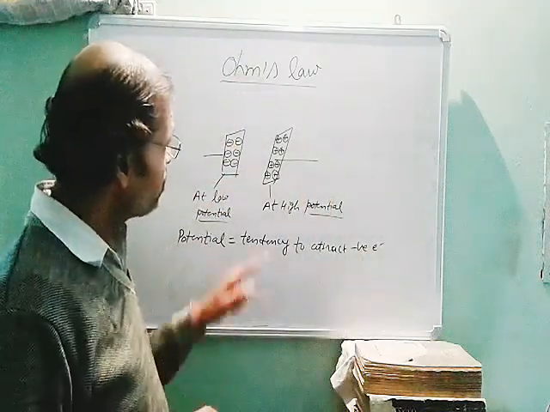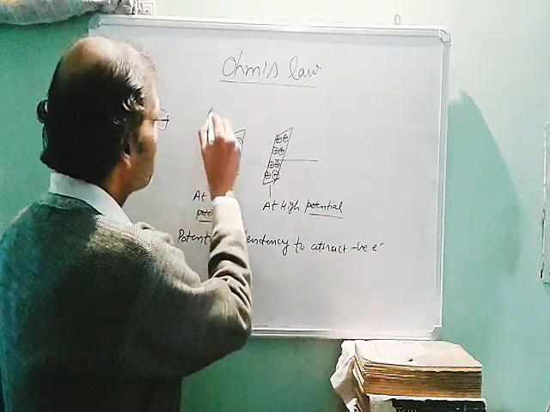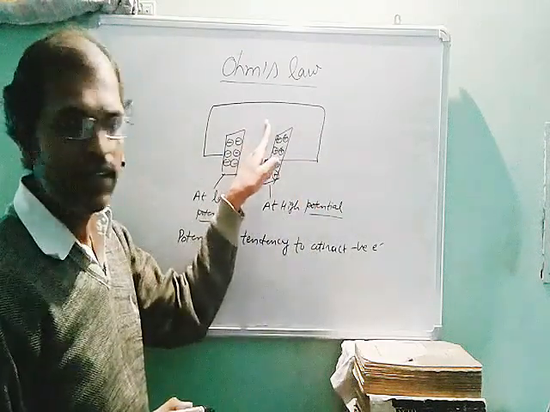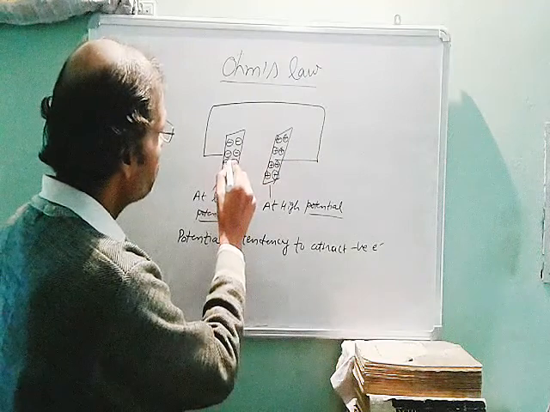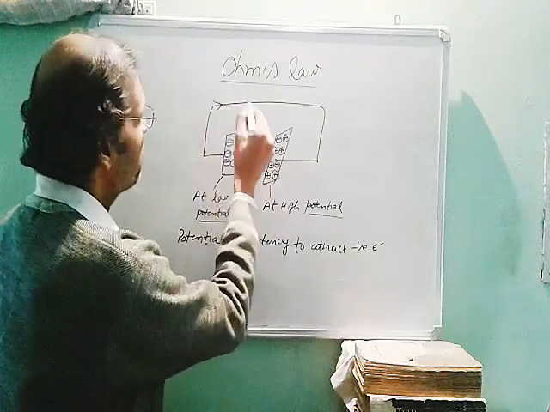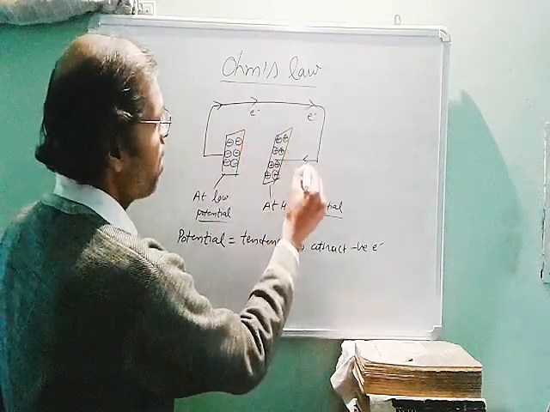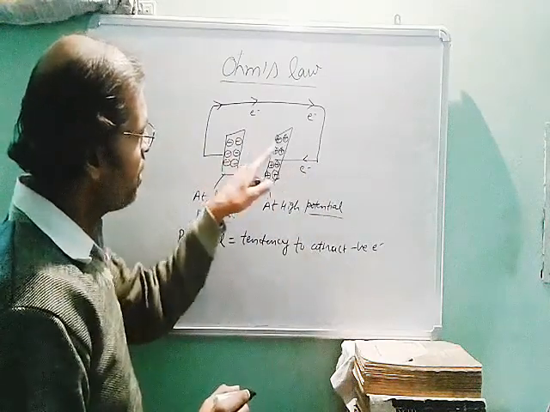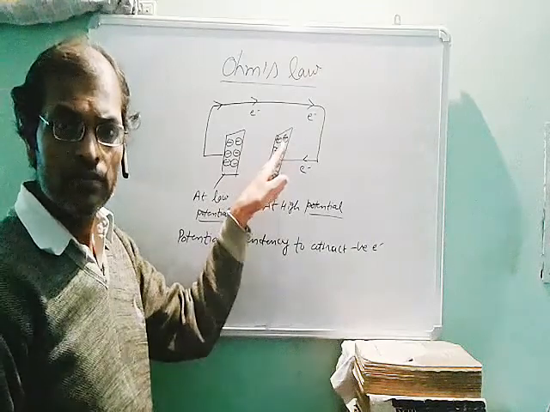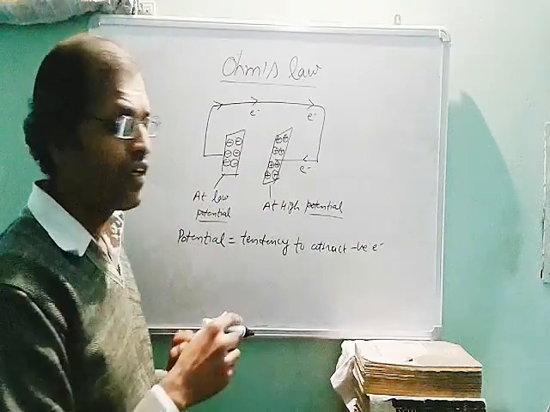Okay, so what will happen if you connect these two plates by using a wire? These electrons will be attracted by this plate and electrons will move through this path, and these electrons will neutralize the charge of this positive charge. And this is how current will pass.